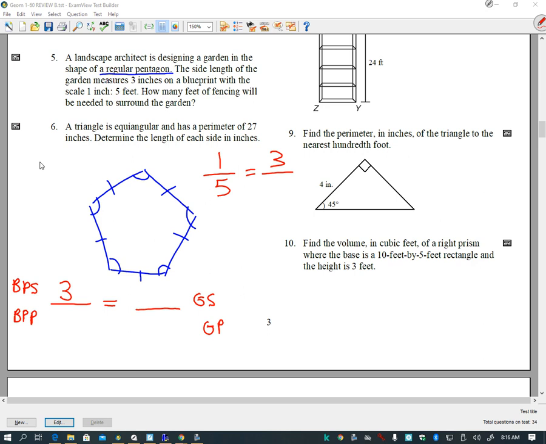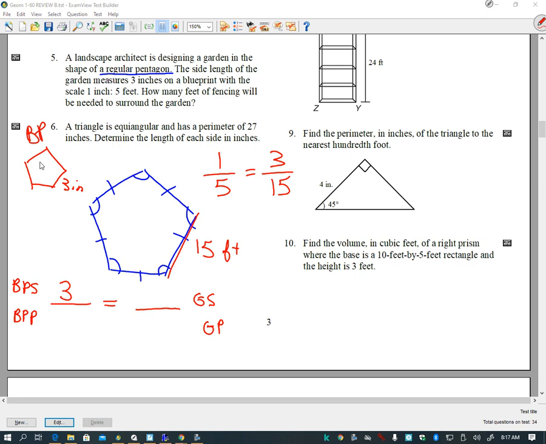15 divided by 1. All right, so that means that the actual garden itself would have a side length of 15 feet if it was 3 inches here in the blueprint. Do you follow me? Okay. So it says how many feet of fencing will be needed to surround the garden?